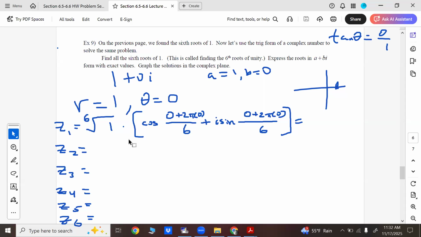So the 6th root of 1, that's easy. What's the 6th root of 1? 1, right? And then up top, is that going to be 0 over 6 and 0 over 6? What's cosine 0? And what's sine 0? Great. So you have 1. You can get rid of this other stuff here.